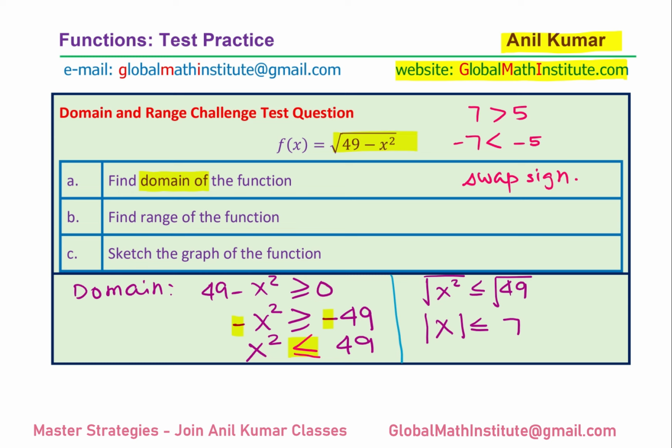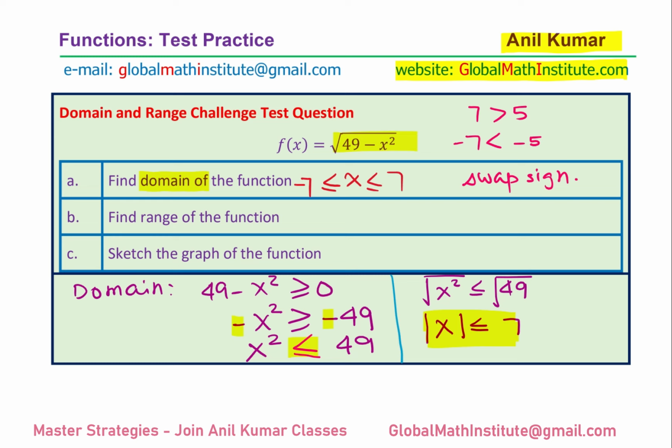So I'd like you to mark this solution, understand what does it mean, and now can you tell me what is the domain? How are you going to write this? Absolute value of x is less than equal to 7. Well, it means that x is between minus and plus 7, right? Both inclusive.